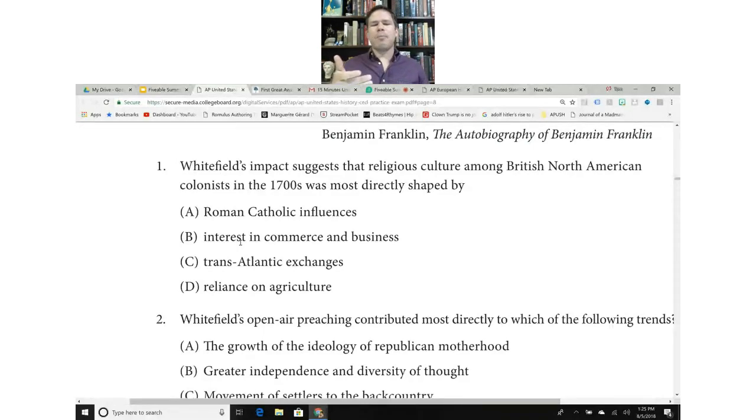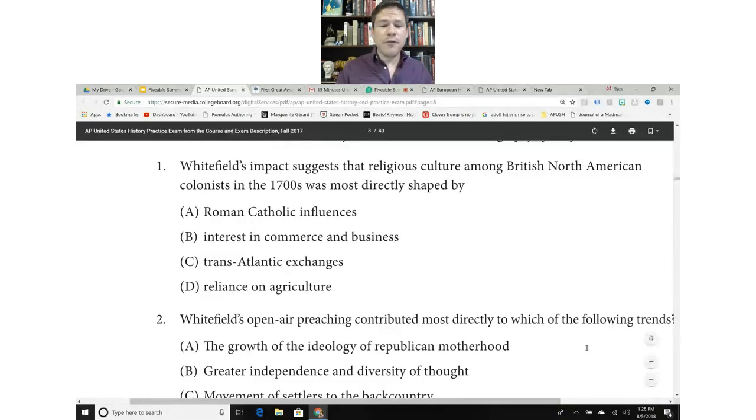Now, this is an example of what I was talking about by out of period, that a student should understand that when we think about the waves of migration in U.S. history, Roman Catholic influences, although 1 in 4 Americans today is a Roman Catholic, it's the single largest religious group in the country. This is too early for Roman Catholic influences.